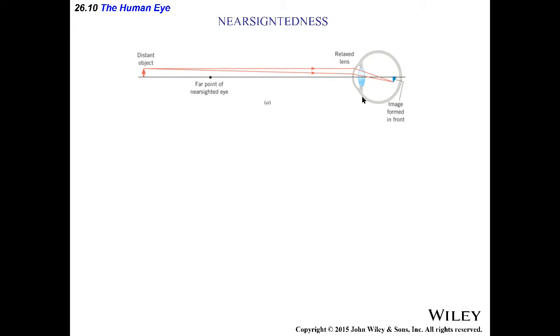I'm not sure that it is just because you study too hard that you will be nearsighted. In any case, this human lens now focuses it away from the retina. Therefore, by the time you see it, as far as the retina is concerned, it's blurred. It's no longer a sharp image, it's blurred.